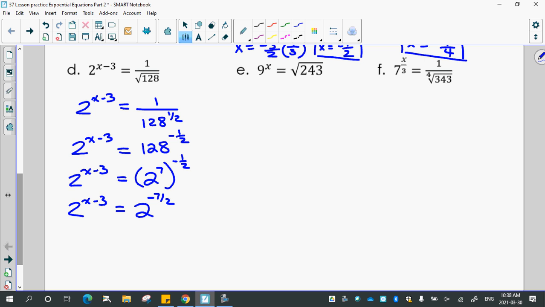As I walked around, I saw everybody was able to get to that spot where you've got 2 to the something equals 2 to the something else. Okay? So then there's your therefore. x minus 3 equals negative 7 over 2.